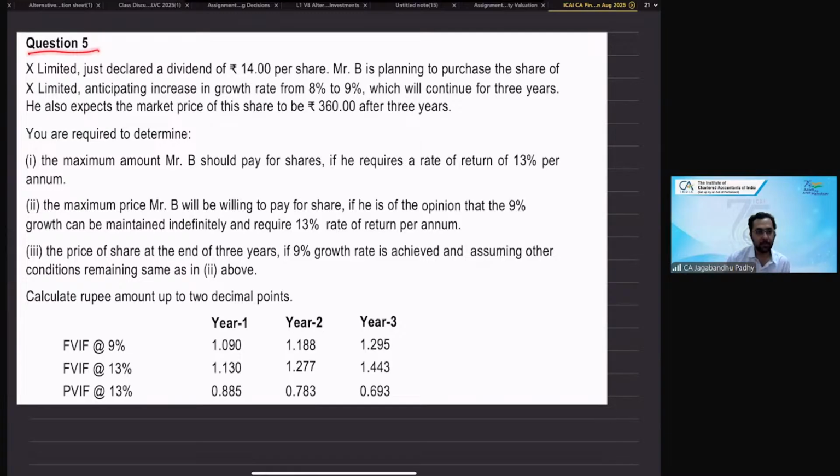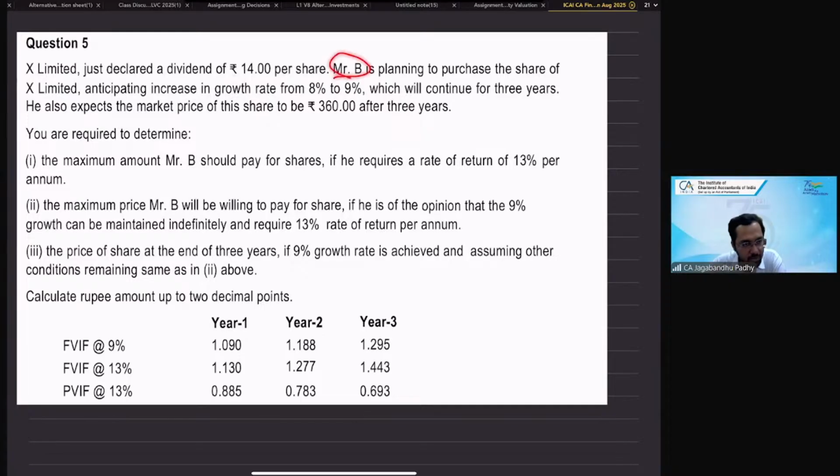So question 5: X Limited just declared a dividend of rupees 14 per share. Now, Mr. B is planning to purchase the share of X Limited, anticipating increase in growth rate from 8% to 10%. So we have X Limited, which is declaring a dividend of rupees 14 per share.